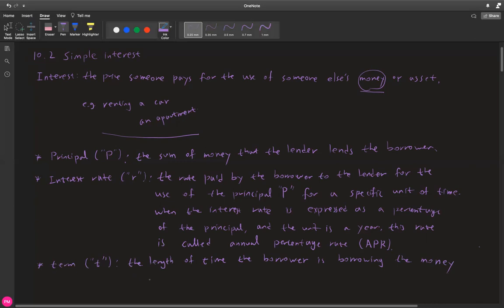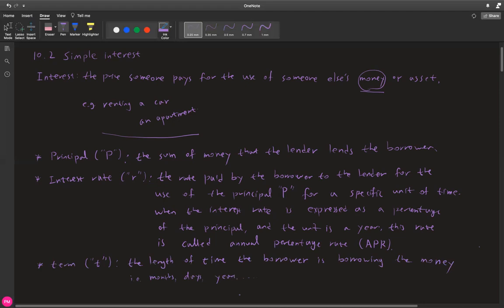And this term obviously can be any length of term. It could be months, days, years, and so on and so forth.